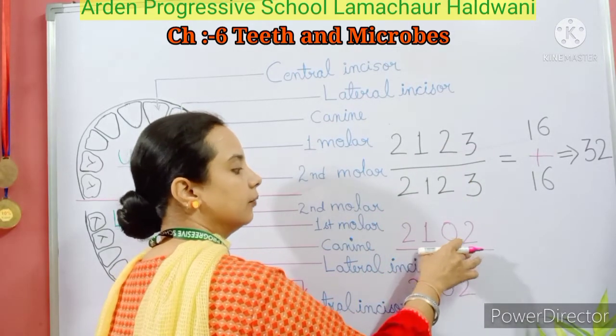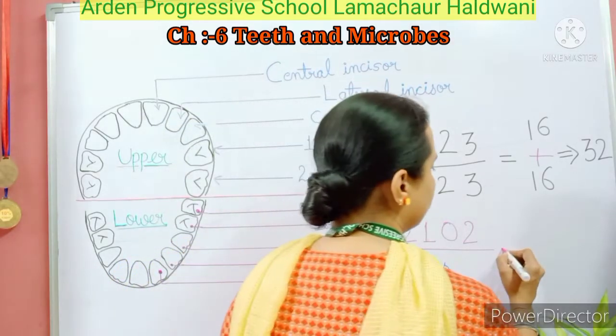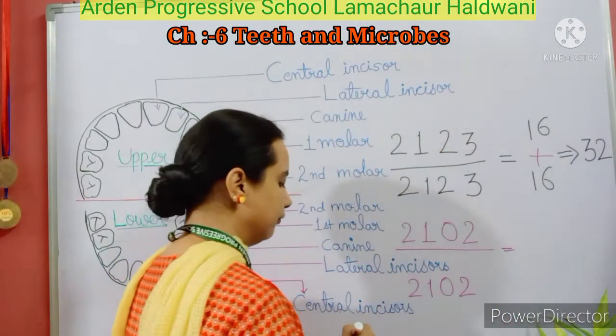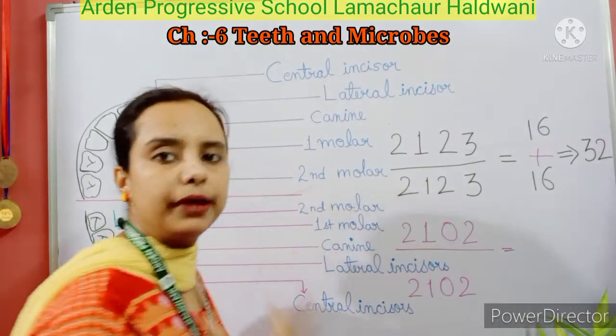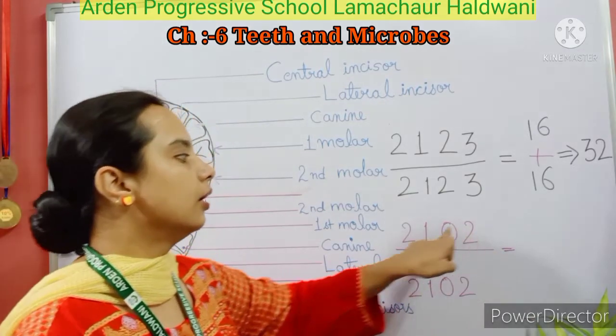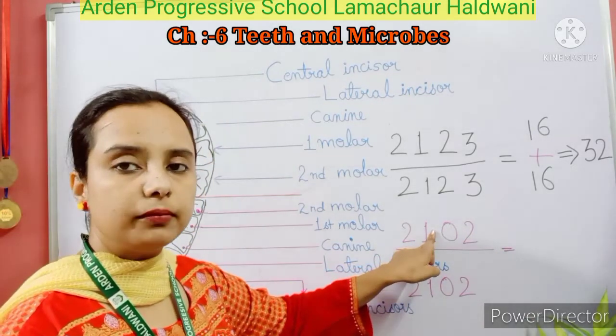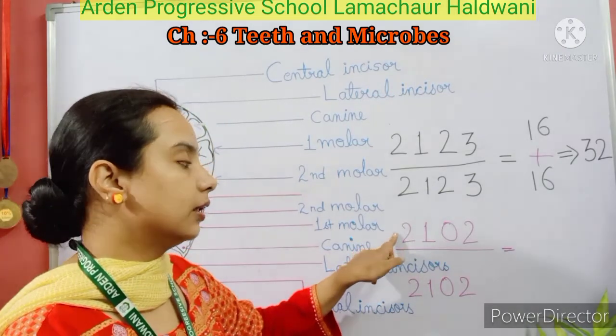The same way here, 2102 2102. If we add this, 2 plus 2 is 4, 1 means one pair, so there are 2. And 2 here also.